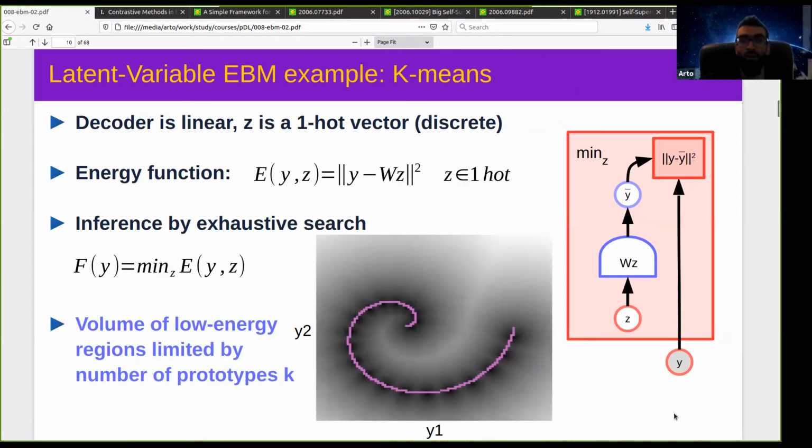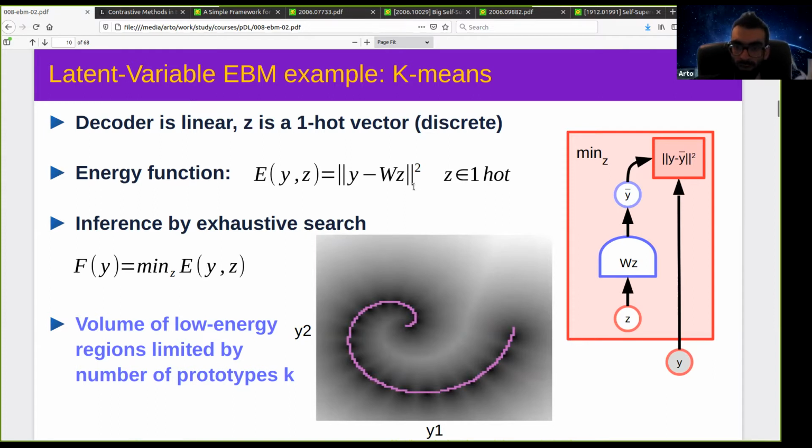So first let's take a look at a very simple example. We can formulate K-means as an energy-based model. In this case, our energy would be the L2 norm of the difference between y and Wz, where z is a one hot vector.